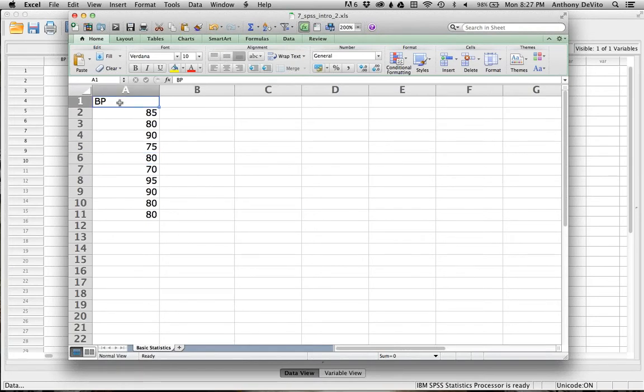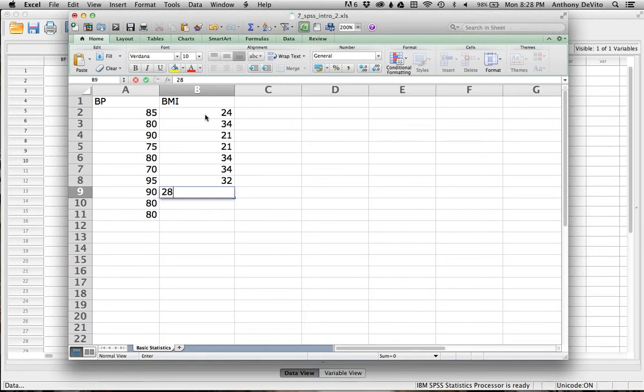The first cell is the variable name, blood pressure. If we had BMI, for instance, it would be in here, and the person's BMI. I'm going to put a few numbers in here: 24, 34, 21, 34, 32, 29, 8, 26, 25.